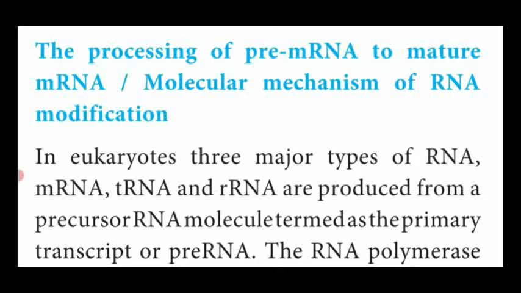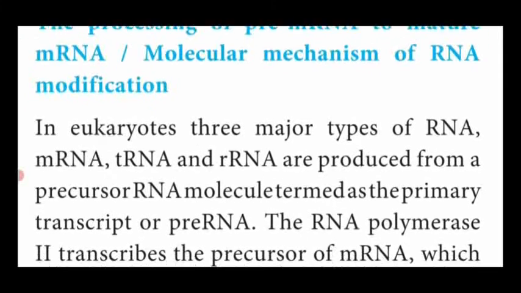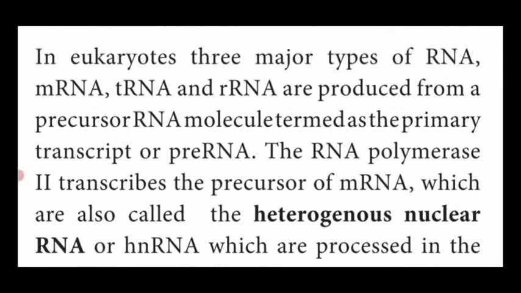Dear students, in the last year itself we studied that RNA is divided into three types: transfer RNA, messenger RNA and ribosomal RNA. These three types of RNA are produced from the precursor RNA.